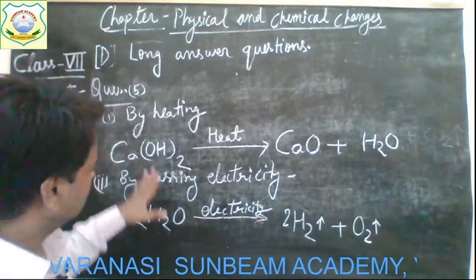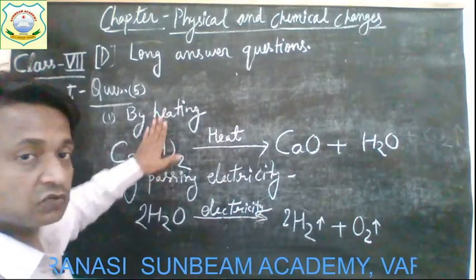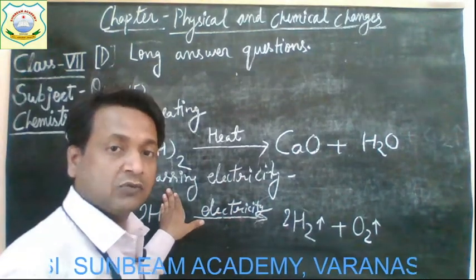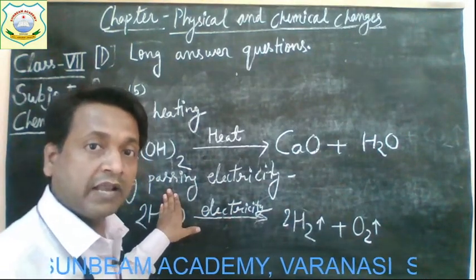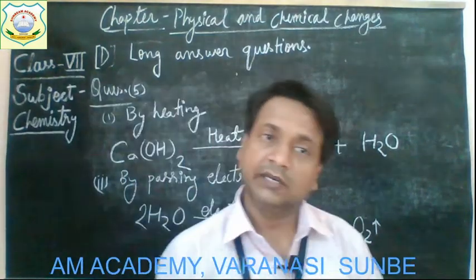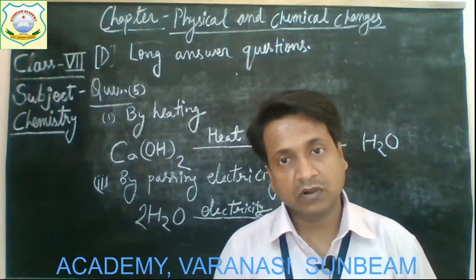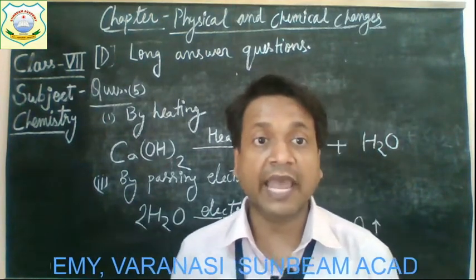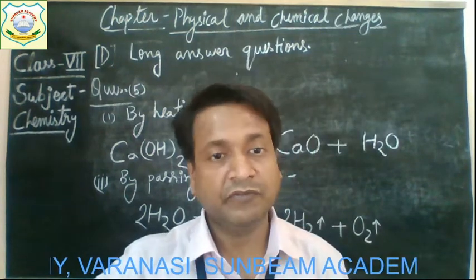Got you, children? So these are the two factors. The first one by heating the substance, and the second one by passing electricity through the solution. What will happen? Decomposition reaction will take place. Alright, children? I hope that you understood the answer of question number 5.